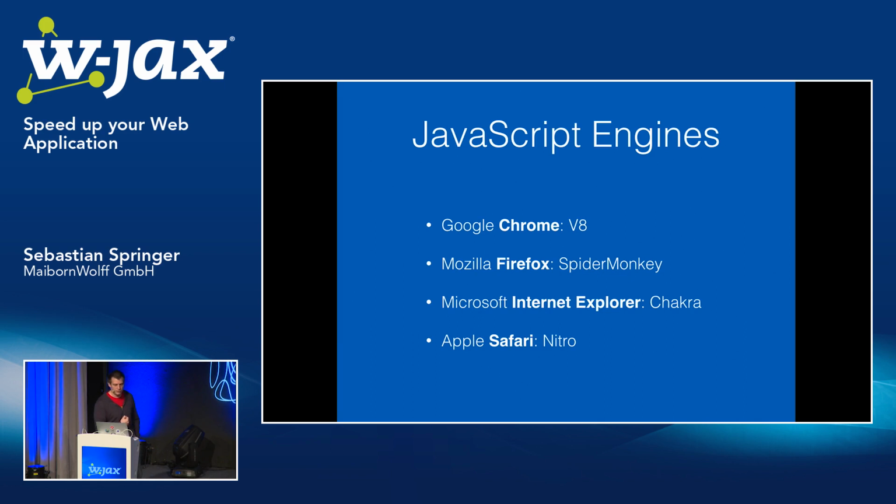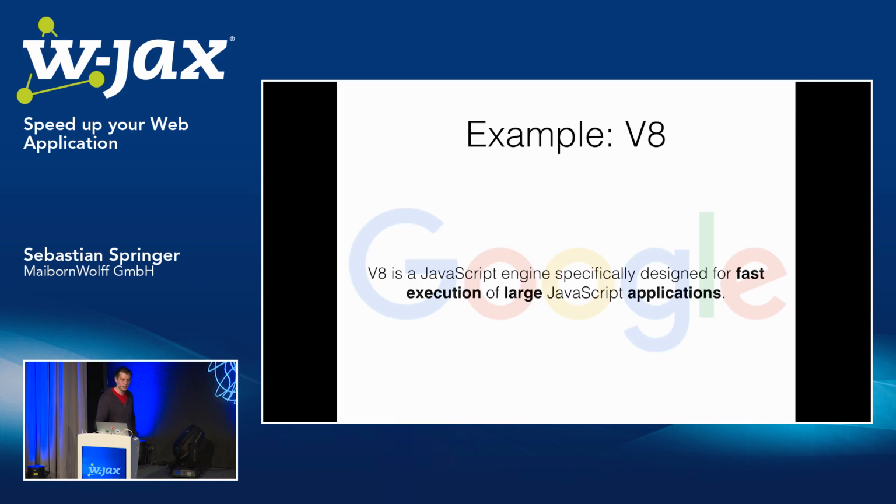The major 4 JavaScript engines are V8, which is used in Node.js and the Chrome browser, the Monkey family of Firefox, Chakra of not Internet Explorer but Edge, and the Nitro engine of Safari. We are focusing in this example on the V8 engine because it's very well documented, and the other engines work in the same way, or kind of the same way.